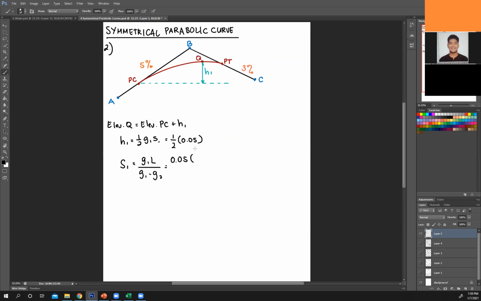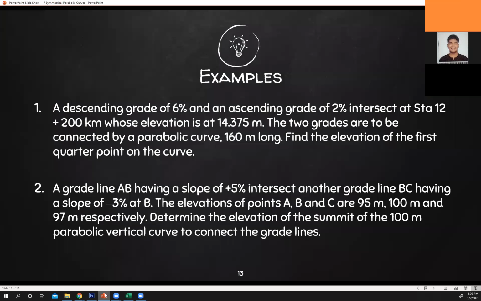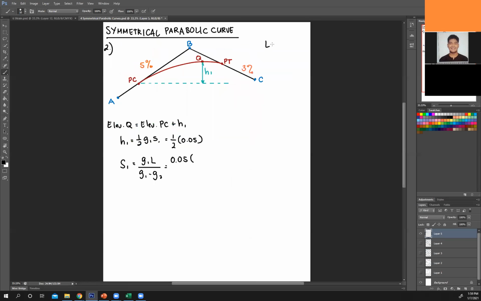Total length, is it given? Yeah, 100-meter parabolic curve. So that's given. L is 100 meters. So 100 over G1, positive 0.05, minus G2, negative 0.03 since downward.